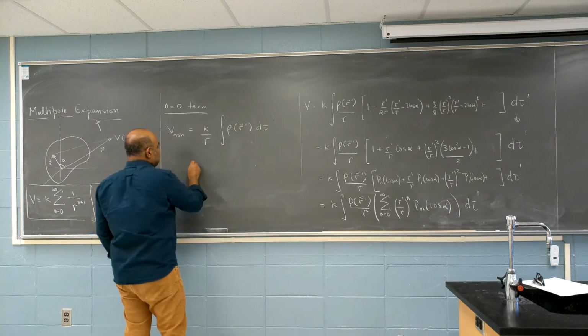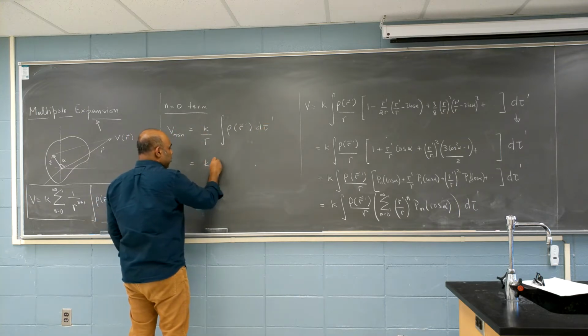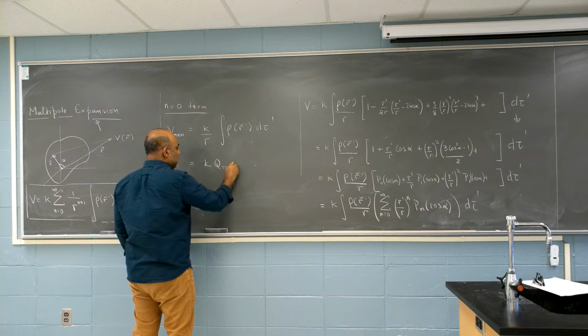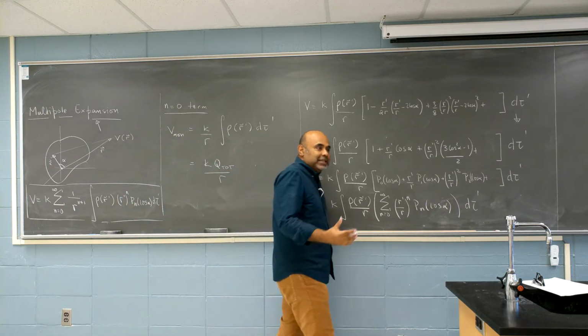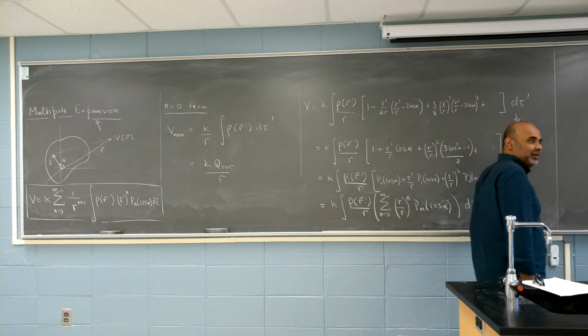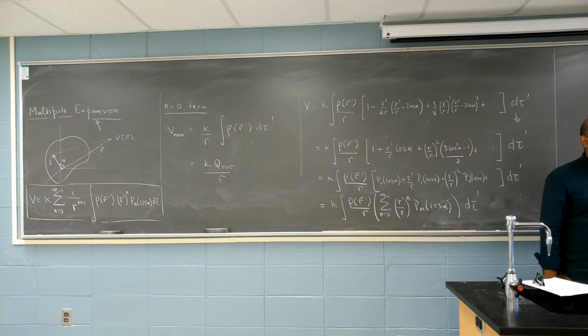Well, that is just pretty neat. The dominant term is as if it is a spherical distribution. Yeah? So this is why for physicists, everything is a sphere.